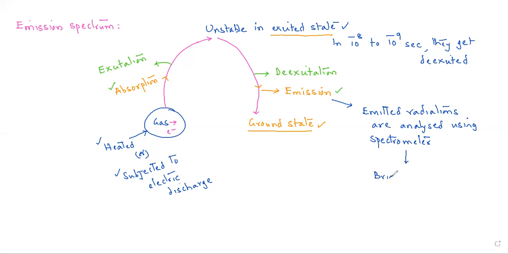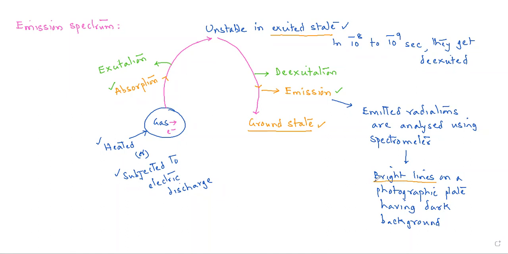bright lines on a photographic plate having the dark background. Right? Very interesting. We say bright lines because something is being emitted.